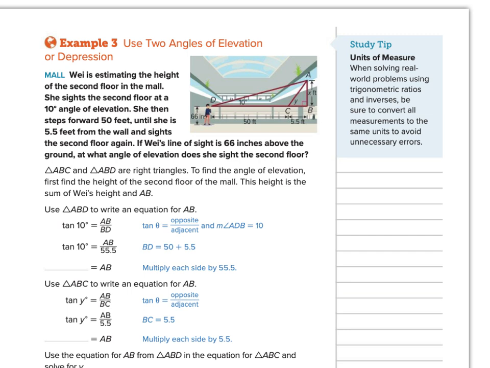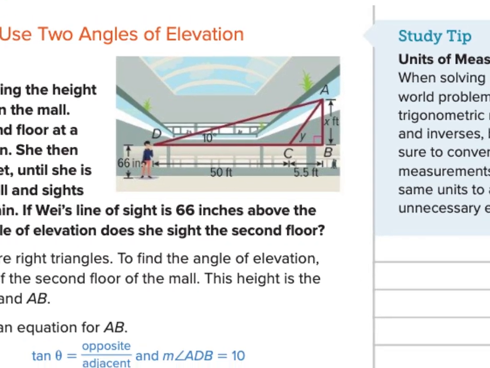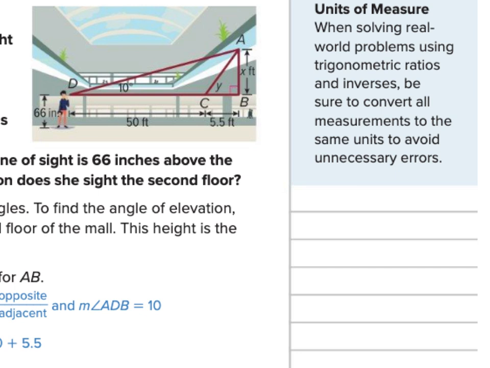Okay, so looking at this, let's just think about what information we do know. I'm going to draw more of a triangle over here so I can start calculating some stuff. How can I calculate x? Well, first of all, x is in feet. She is measuring her height in inches. So 66 inches is actually 5.5 feet.